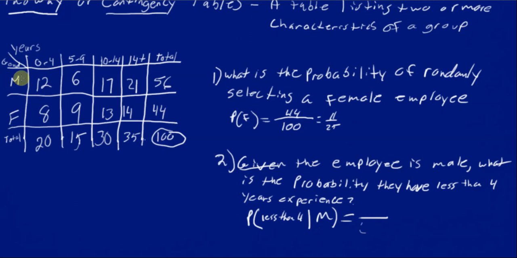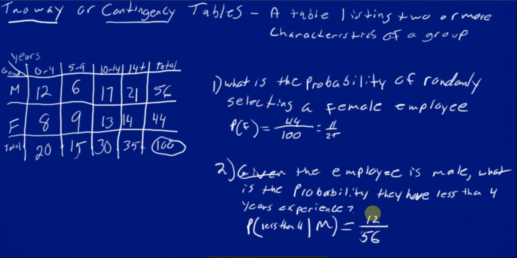The total of males. I'm not dealing with the 100, I'm only dealing with the 56 here. That's my condition. And I want them less than 4 years, so I'm only dealing with the males that are less than 4, so that's going to be 12 out of 56. Reducing, that gives me 6 out of 28, or 3 out of 14.